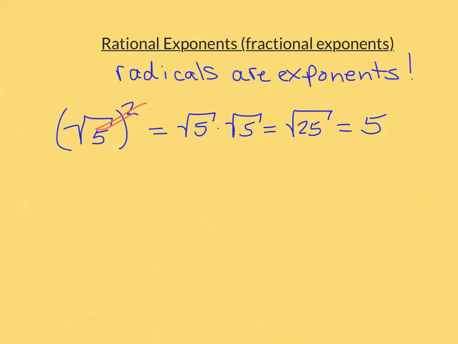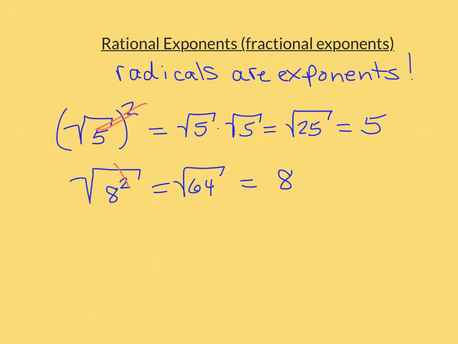Likewise, let's say we wanted to take the square root of 64, which is 8 squared. We know that square rooting a square should give us back 8, right? Square root of 64 is going to give us back the 8. So they just undo each other. They're inverse operations.